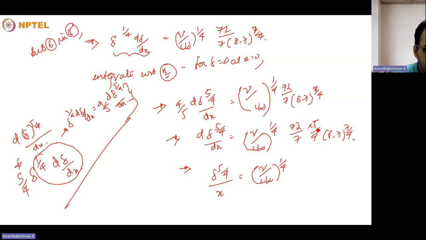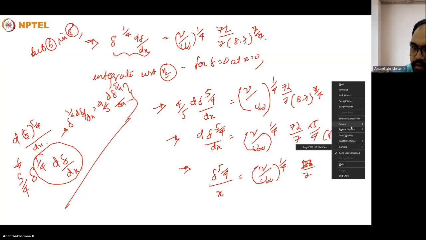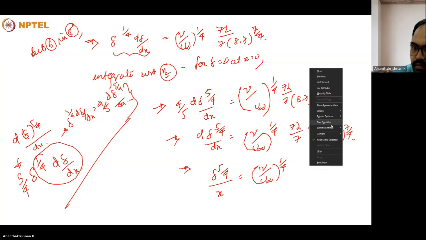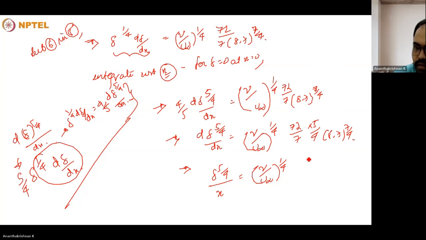This particular term will be 72 by 7. It's 18 into 5, 90 by 7, by 7 into 8.7, the whole power 7 by 4.